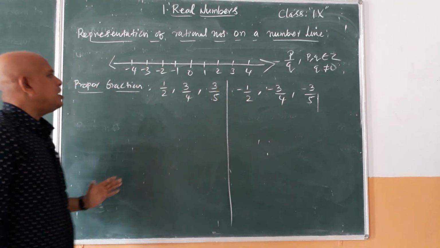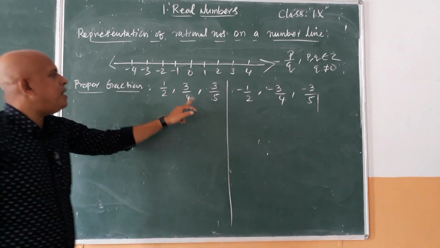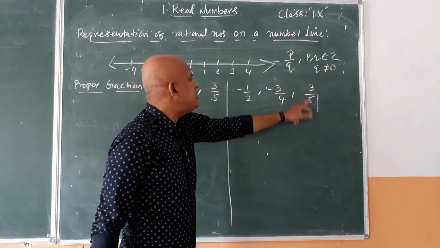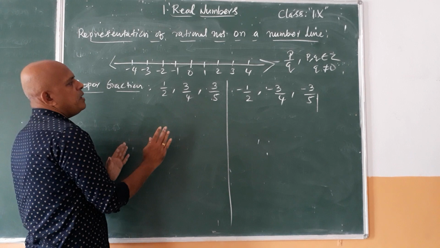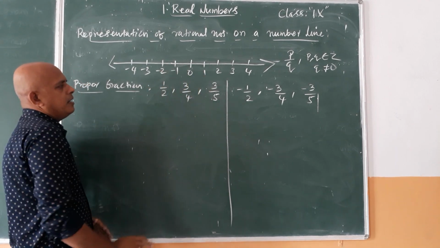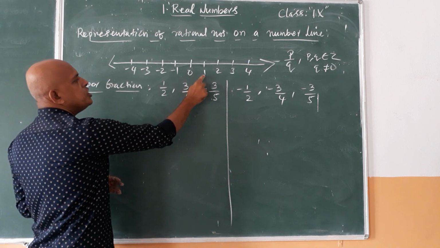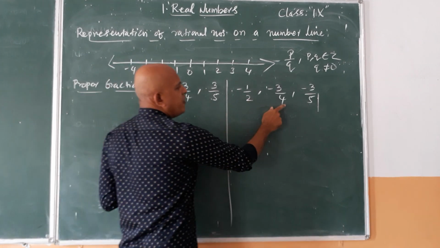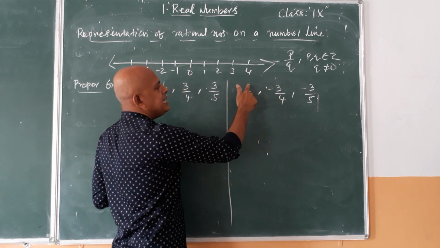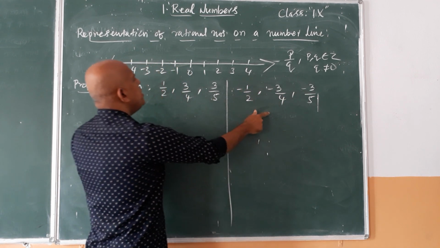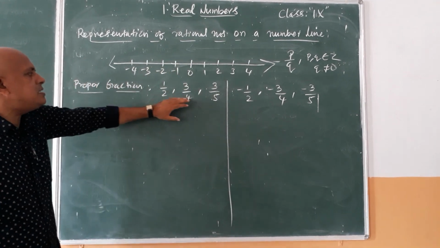One thing you have to keep in mind: whenever we have a proper fraction, where the numerator is less than the denominator, positive rational numbers which are proper fractions lie between 0 and 1, whereas negative rational numbers where the numerator is less than the denominator lie between -1 and 0. This is a very important point.